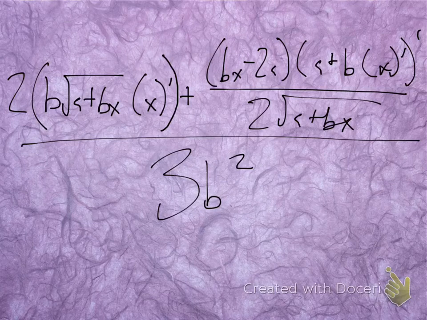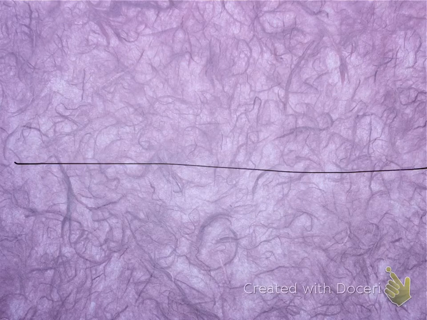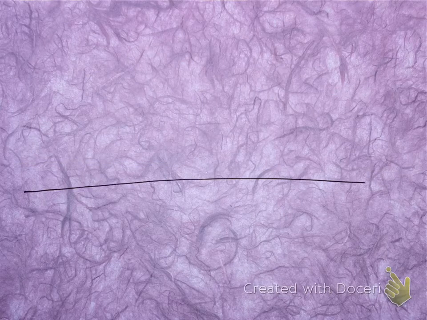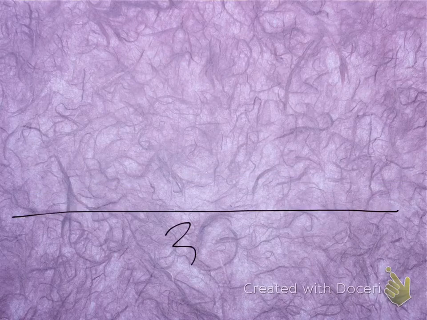So that's going to leave us. Let me simplify this for a second. Okay, so that should be 2 times. We're going to have it in our 3 on the bottom. Okay, so this can now be rewritten as, rational 3b squared.